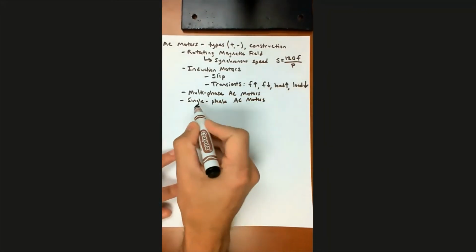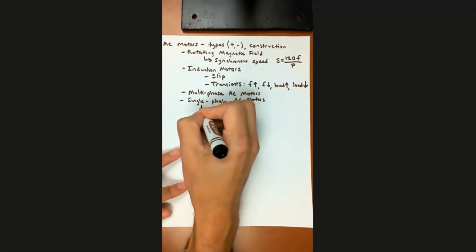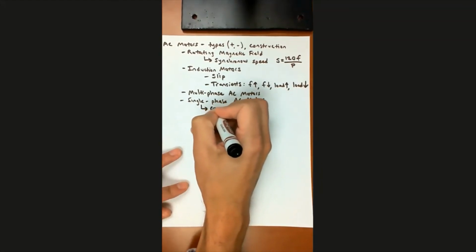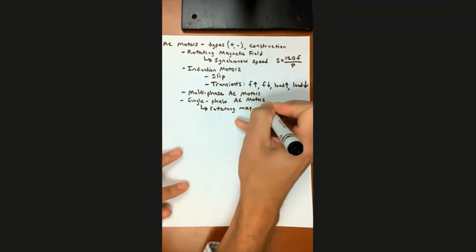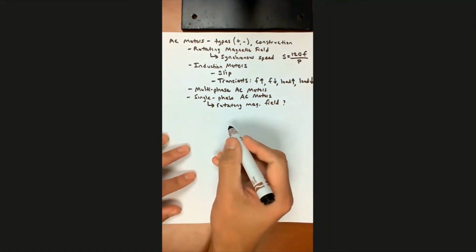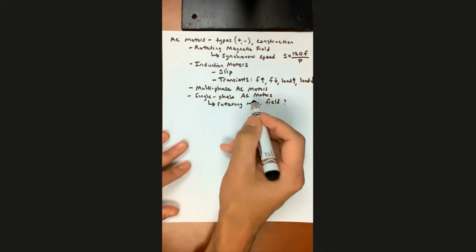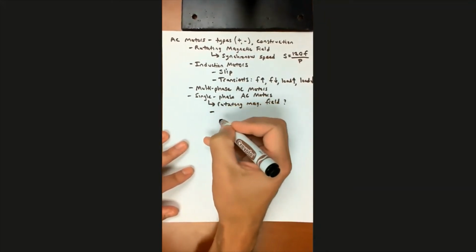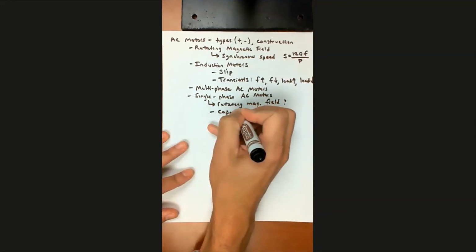And one important concept under the single-phase AC motor was, how do we get that rotating magnetic field? And the answer was, in most cases for single-phase AC motors, the important component that we have in there is a capacitor.